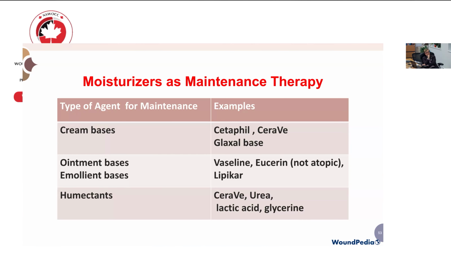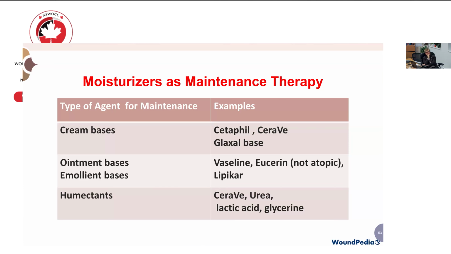Emollient bases, Lipikar is much thicker and would be a thicker moisturizer for really dry skin. A humectant, instead of preventing insensible losses, binds water on the surface of the skin. They're part of the natural moisturizing factor, and ceramides, as in CeraVe, are actually structural proteins with some humectant properties, as do urea, lactic acid, and glycerin.